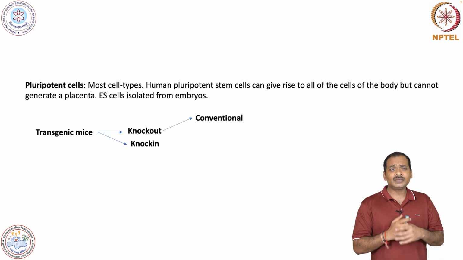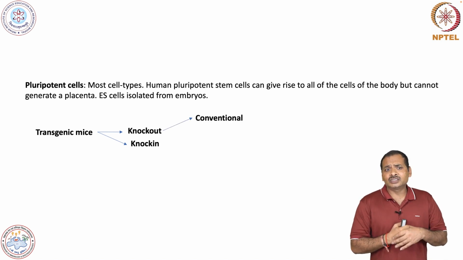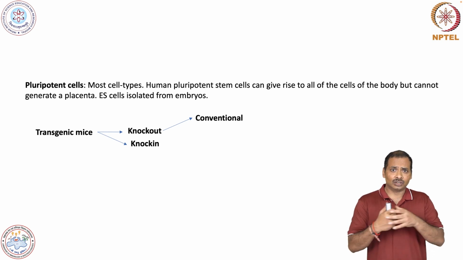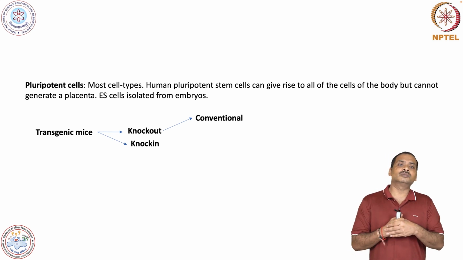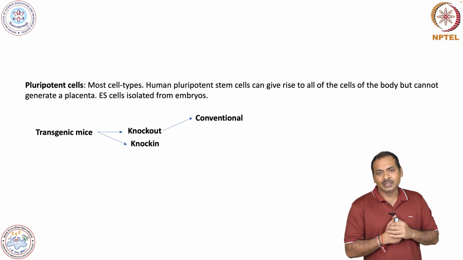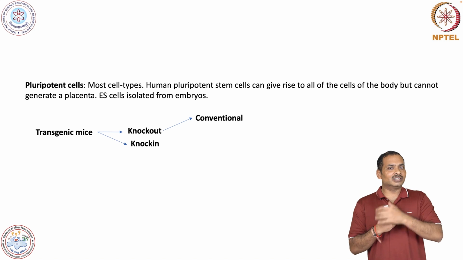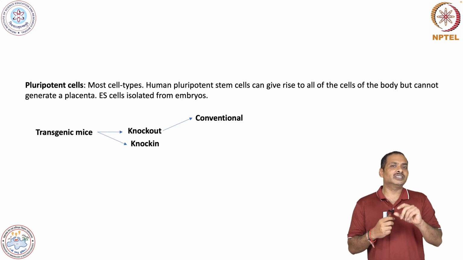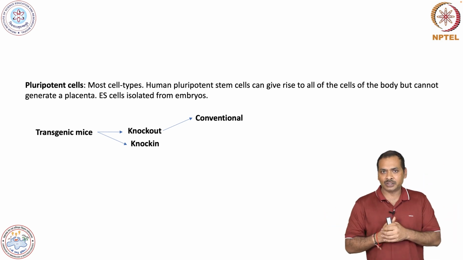There are different kinds of knockout mice. One we call a conventional knockout mouse, where you just inactivate that gene. Once you inactivate that gene, it will be inactivated in all cells of that particular animal.